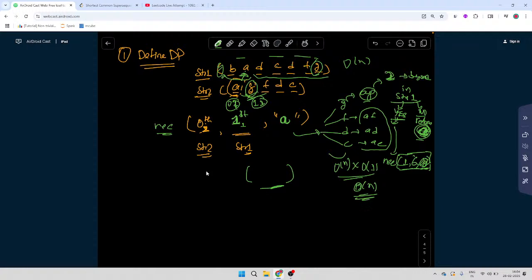So each step is going to be order n. And in the worst case, we might end up computing all the indices, right? So this will go up to n, this will go up to n. N square into order n at each step, right?